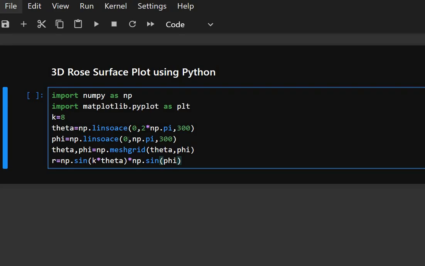And now we'll convert to 3D Cartesian coordinates.